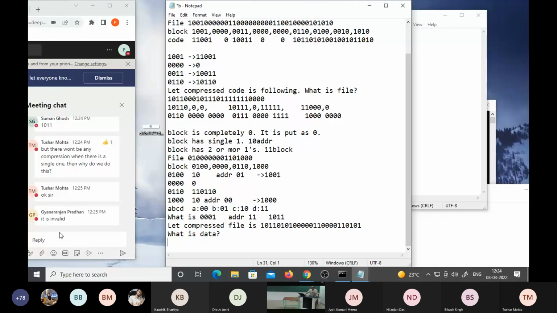Let us see why it is invalid. One zero. 10 means address.